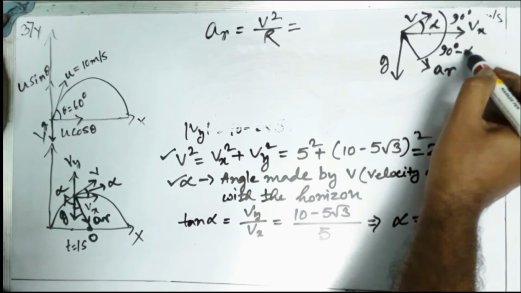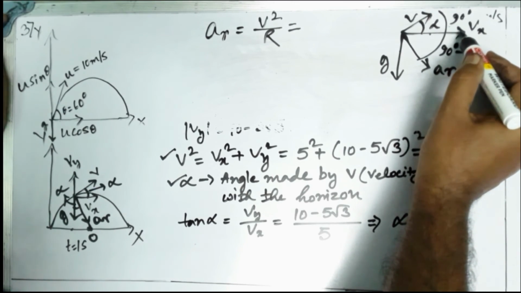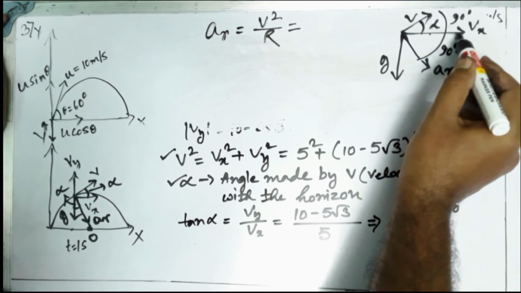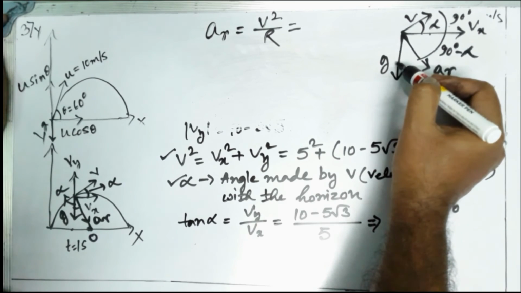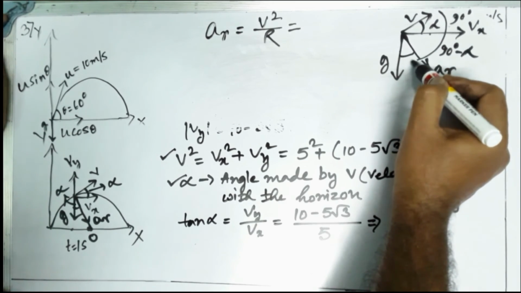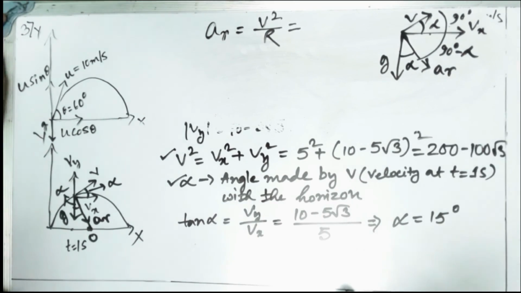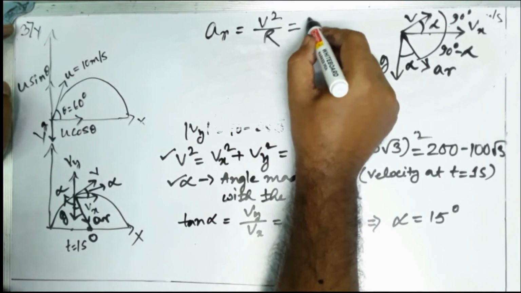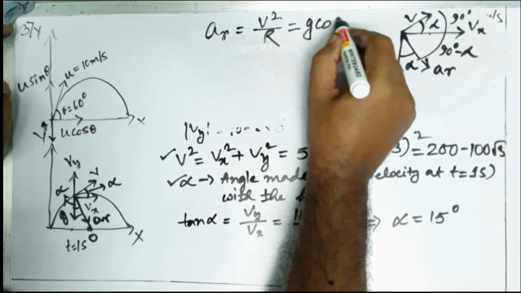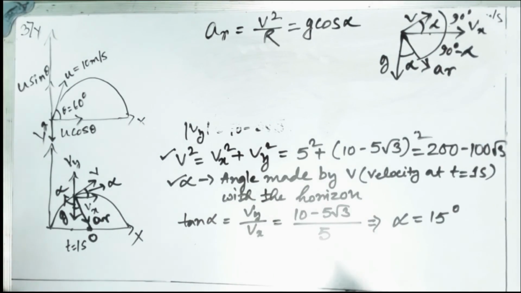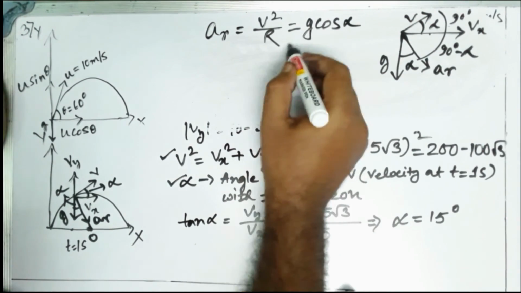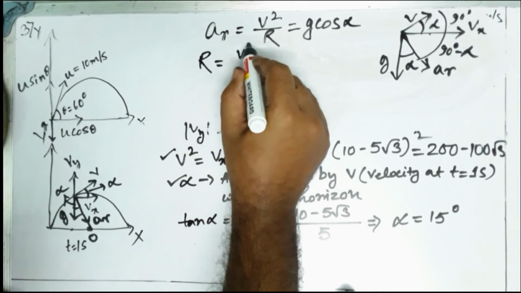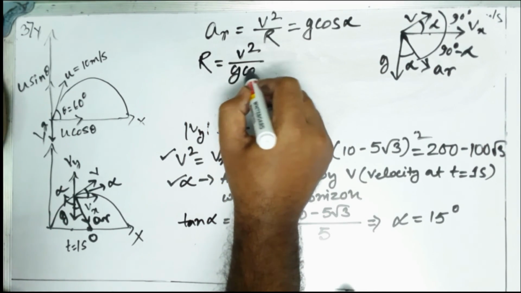The angle between Vx and AR is 90 minus alpha, and the angle between Vx and g is 90 degree, so this angle clearly gives us angle alpha. So we can write that AR is g cos alpha. From this equation we can get the value of R. R is equal to V square by g cos alpha.